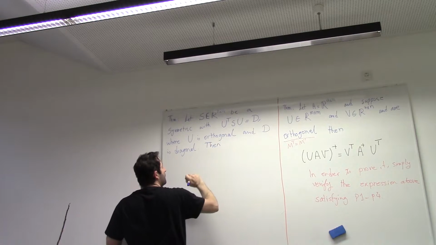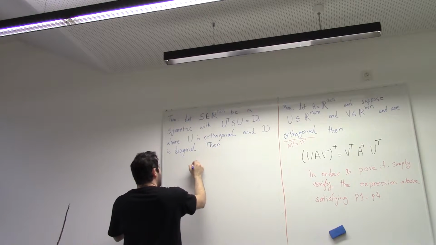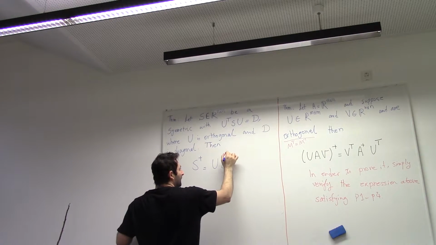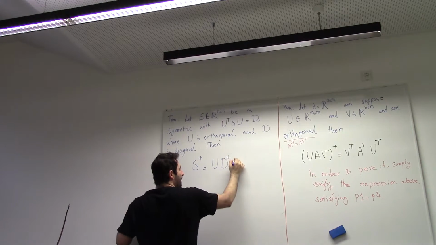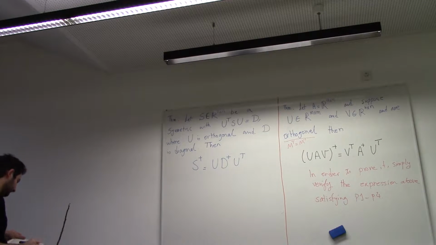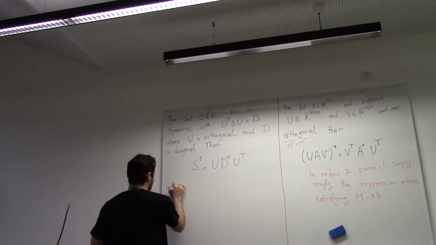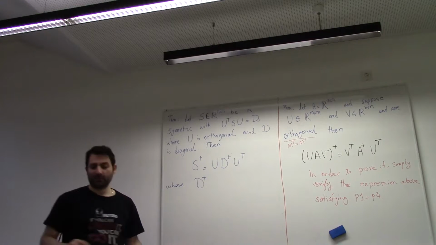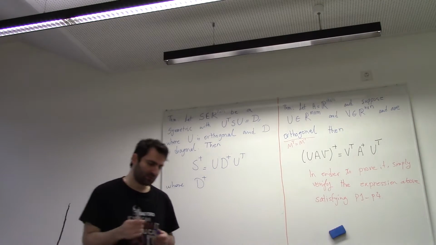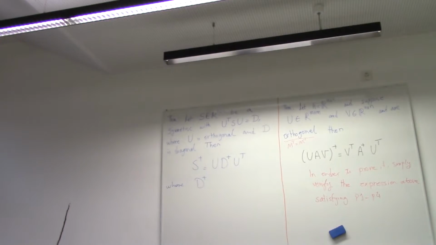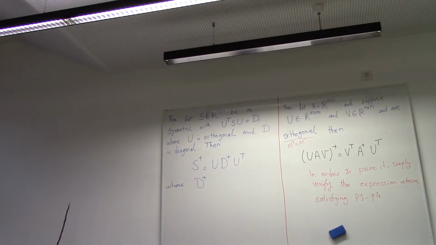Then S+ is U D+ U transpose, where... okay, question. What can we say about D+? We know that D is diagonal.